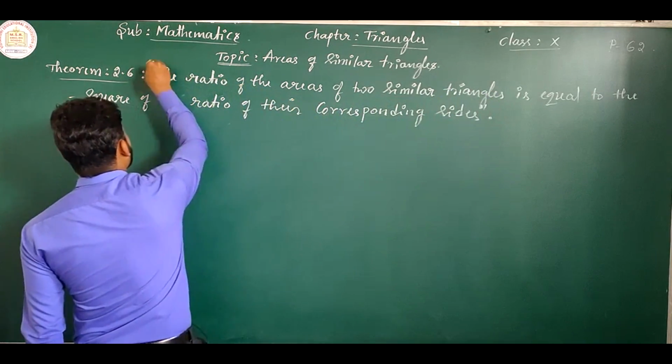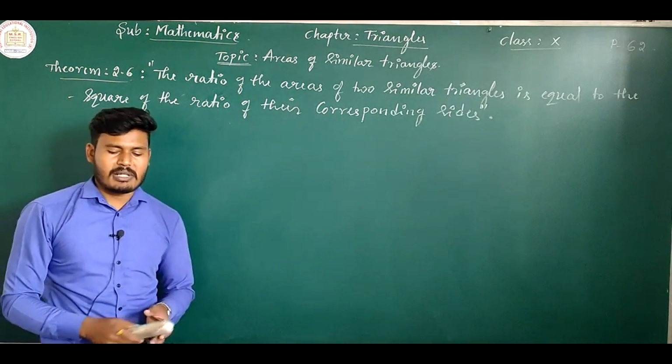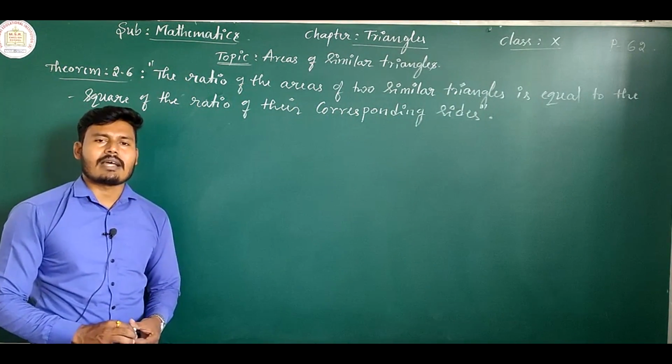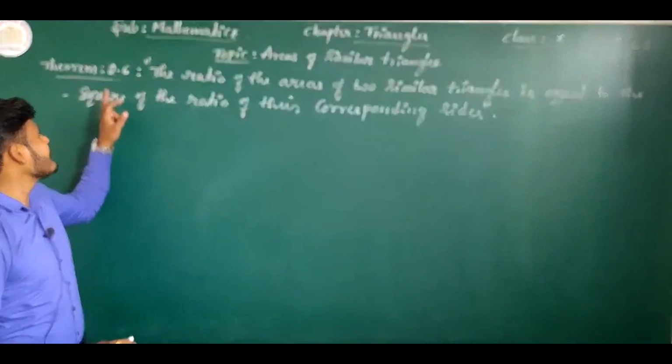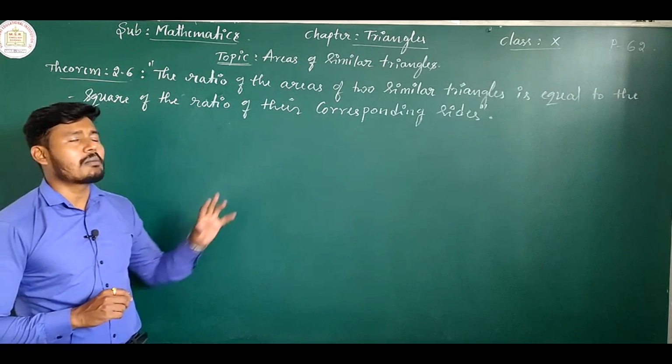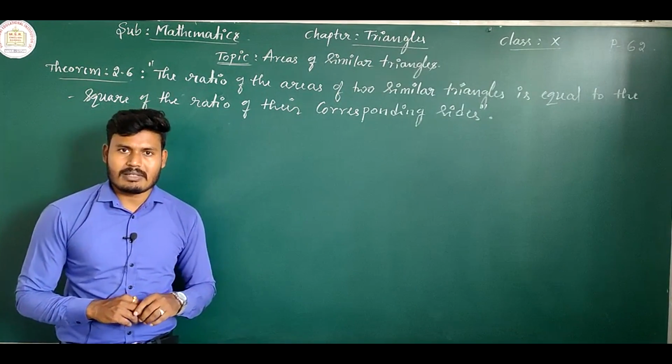So this is the exact statement of this particular theorem. The theorem is areas of similar triangles. This is theorem 2.6. So today we are going to discuss the exact proof of this theorem, right?